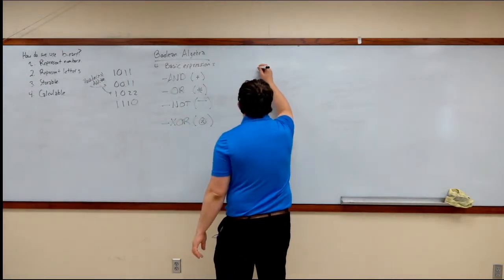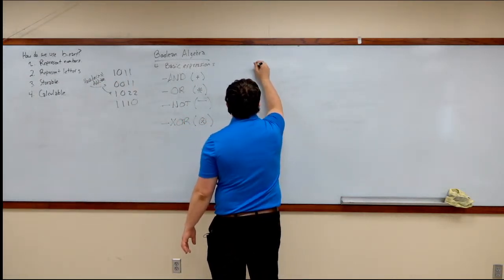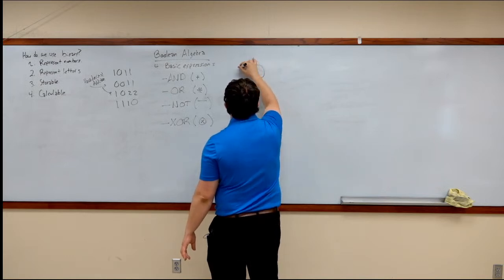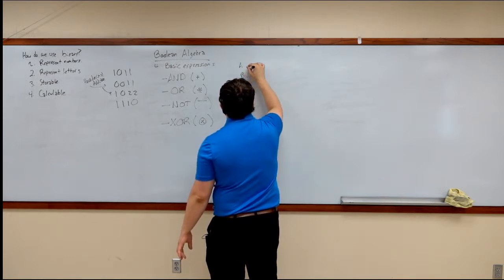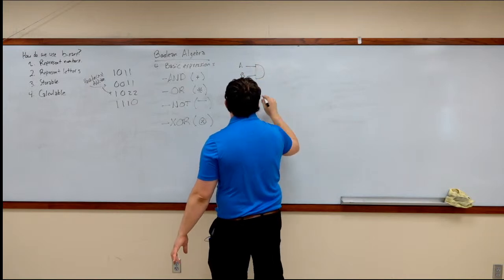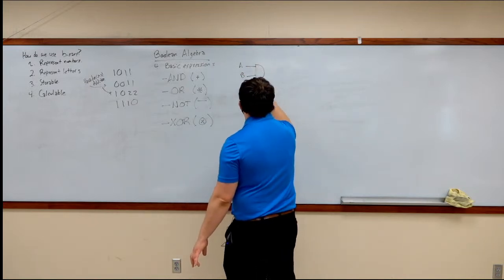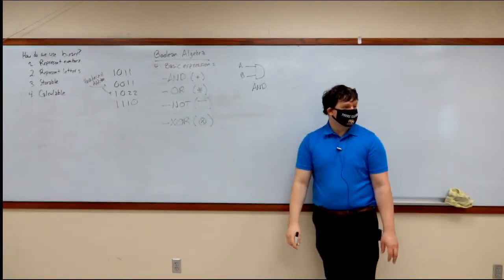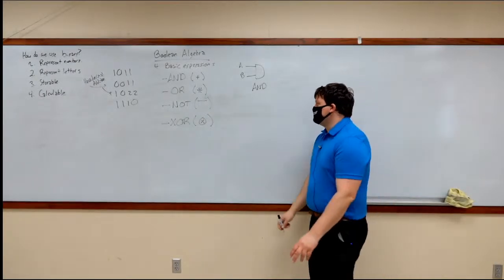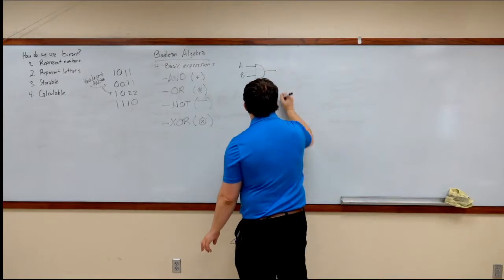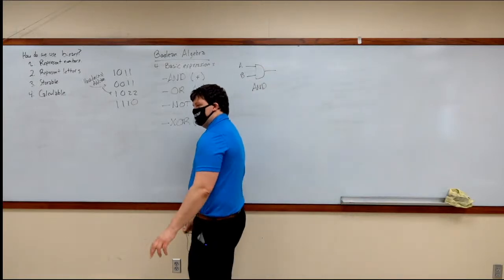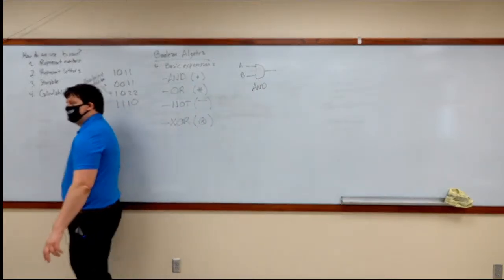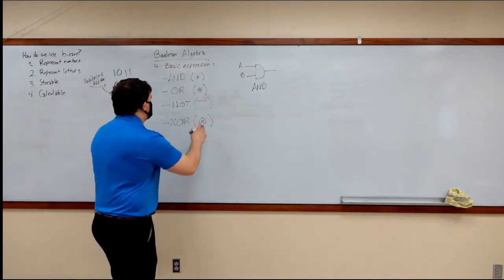Okay? So let's go ahead and say I have two numbers, A and B. I'm going to bring them into this switch. This right here is an AND switch. In this AND switch, I'm going to add them together. No, dang it.